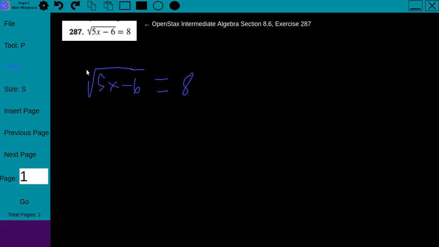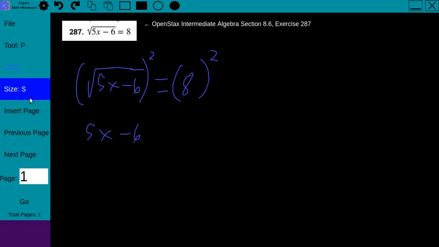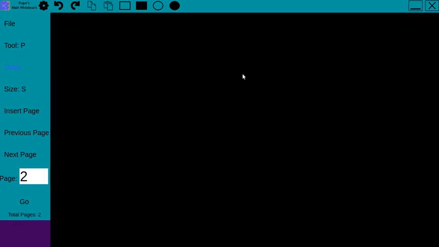So I'll walk you through how that works. We're going to square this side, and what we do to one side, we also have to do to the other side. So we're going to square that as well. If we think of it like this, the square root of 5x minus 6, all of that squared, that's just going to be the 5x minus 6. Because, let me insert another page here.